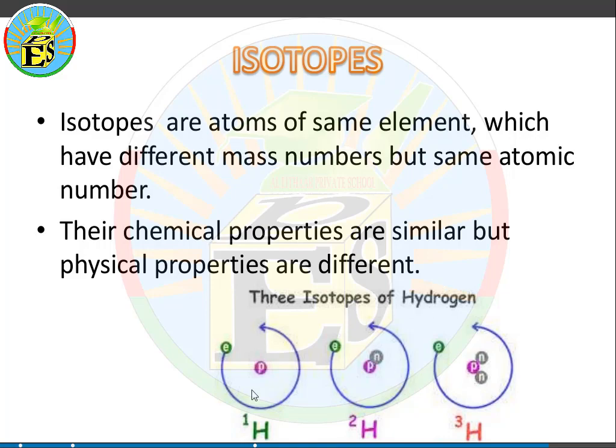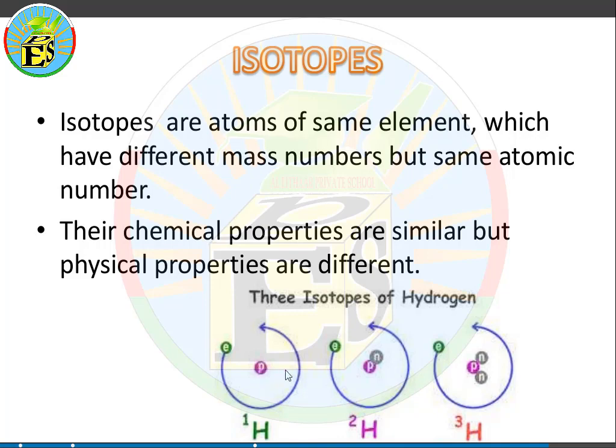It means hydrogen has 1 proton and 1 electron, but may have one proton and one neutron with the same one electron, and may have one proton and two neutrons with one electron.